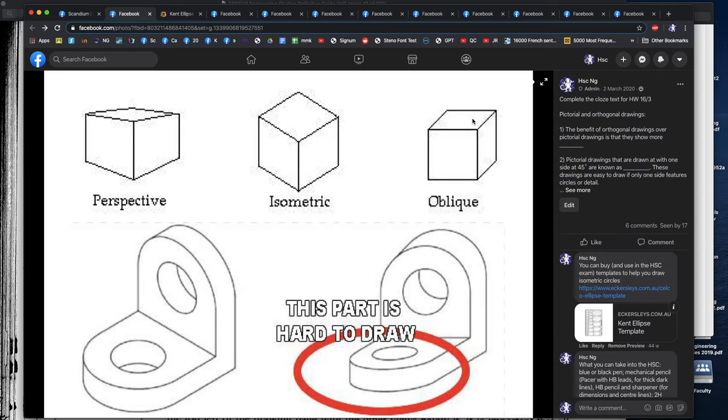It's also very useful, I would say most of the time where we use isometric or oblique drawings is when we want to first start talking to a client. We might start with an isometric drawing because it gives the client a good understanding of what we're going to produce. This is where sketching is a really important skill for engineers.